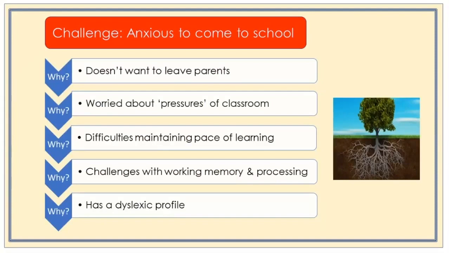But why? Because they've got difficulties maintaining the pace of learning. But why? Because the challenges with their working memory and the processing. But why? Because they have that profile of dyslexia. And it is only as we continue to ask those but why questions and analyse them with careful consideration of context can we then get it right for that child and for their family.